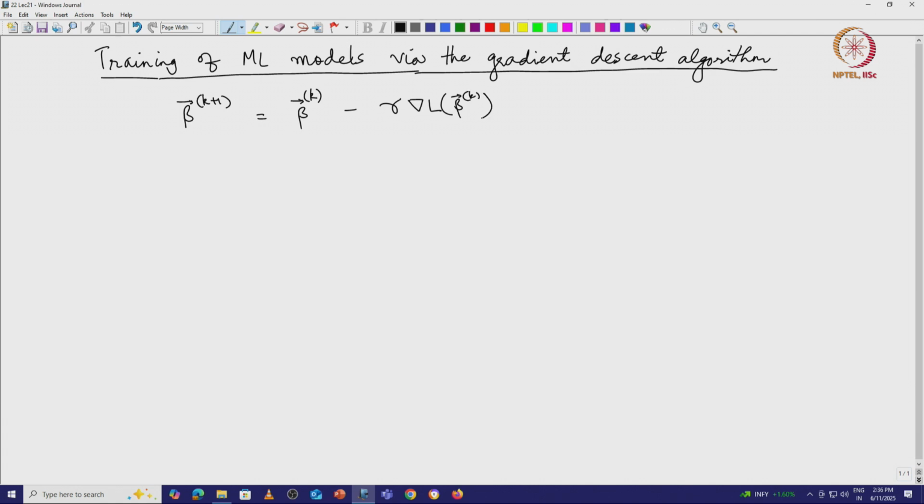So this is the equation for the gradient descent algorithm. This gamma is known as the learning rate and beta is the vector of model parameters at iteration k plus 1.